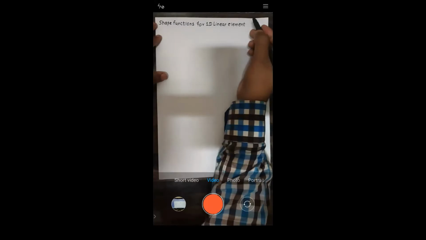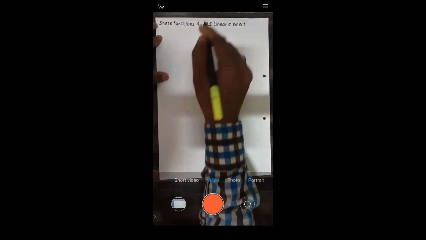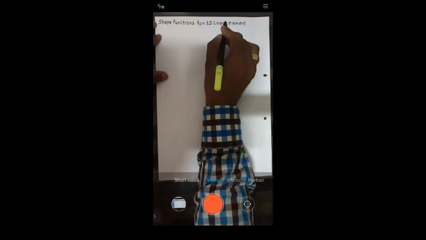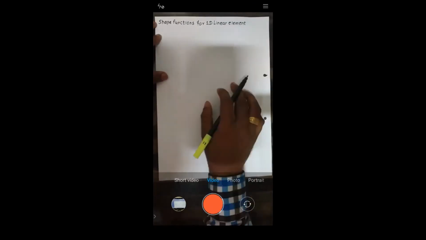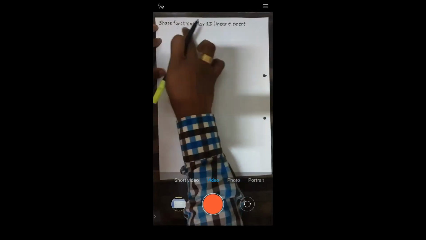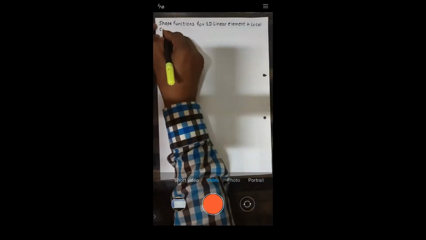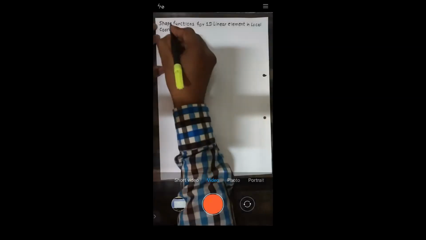Here you understand 1D is a line element, and a linear element means it will have two nodes. So, the shape function for a 1D linear element in the local coordinate system.